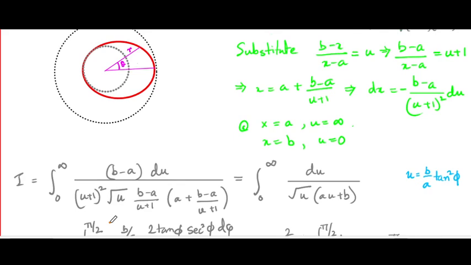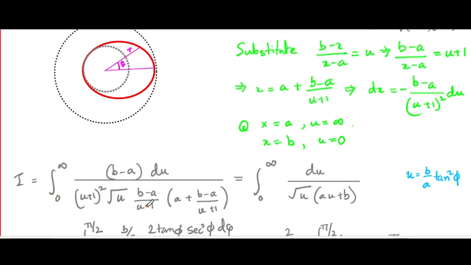But because of the extra minus sign in dx, we can absorb that and change that back to 0 to infinity integral. So the integral that we need to evaluate simply becomes an integral from 0 to infinity of b minus a du by u plus 1 whole square, that's nothing but dx. The minus sign has been absorbed, as we said, in switching the limits of the integral.